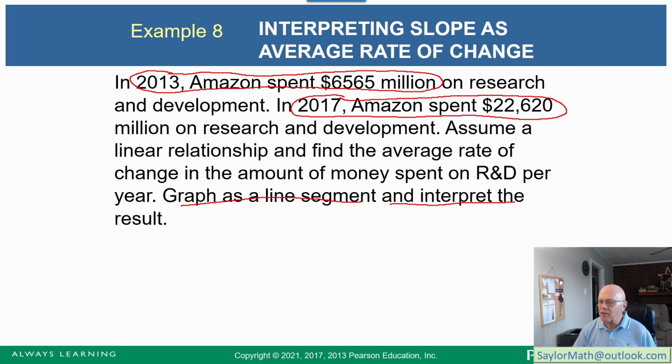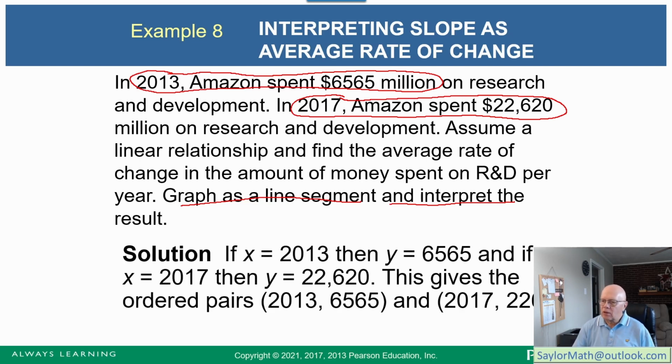So how do we graph that as a line segment? Well, the 2013 and this number are an ordered pair. And there's our first ordered pair. The second set, 2017, 22,620, that gives us a second ordered pair.